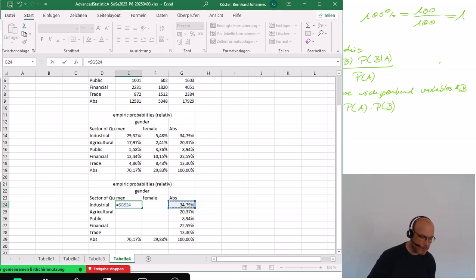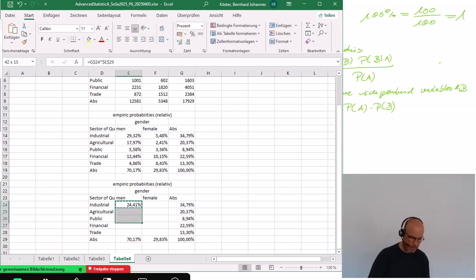For this, since we later on want to copy this down, times the probability to be man. Fix it, and then we can copy this downward.